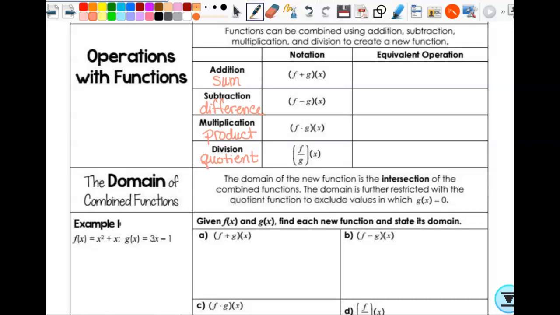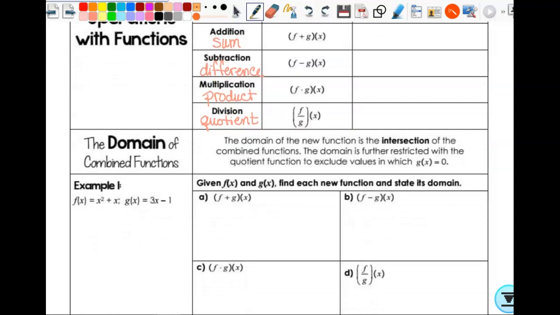Okay, so if I have two functions, f of x and g of x, and I want to add them or get the sum of them, this is one way to notate it. I can just say f plus g of x, but I can also say f of x plus g of x. You need to know that both exist. This column is the one you're going to see and use more. So then f minus g of x is the same thing as f of x minus g of x.